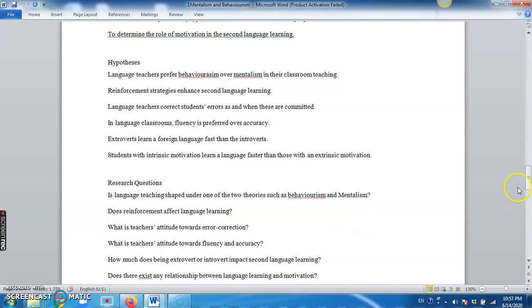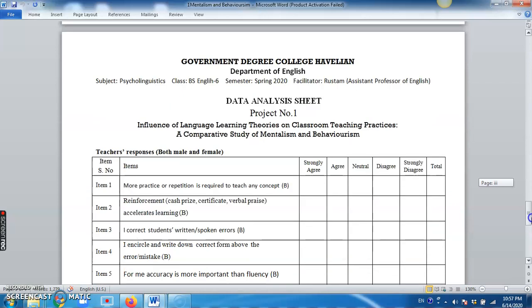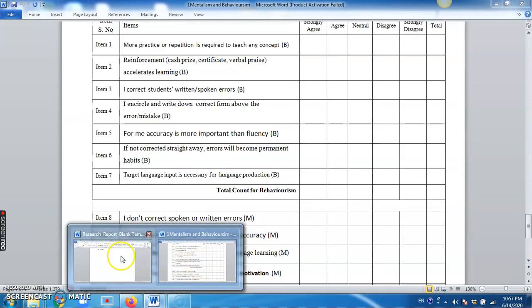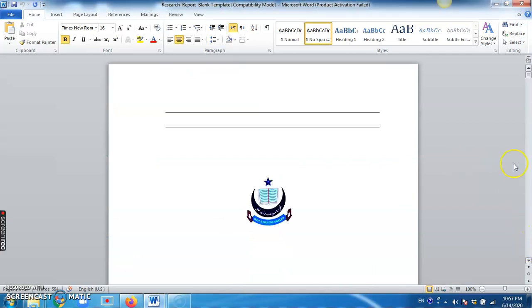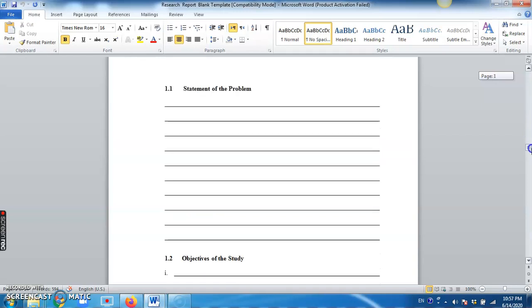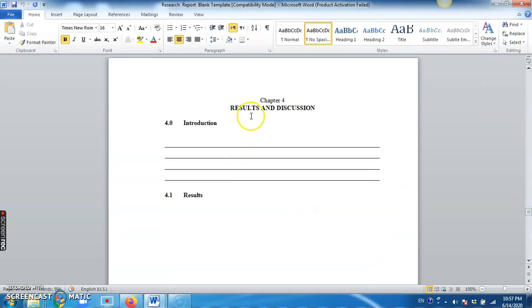Now taking you to chapter 4. Here you have to see, this is a blank sheet, template, results and discussion. Here you have to introduce your chapter 4.